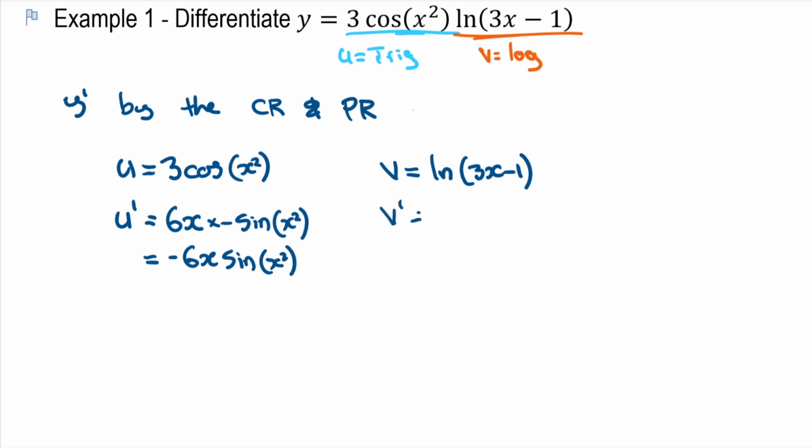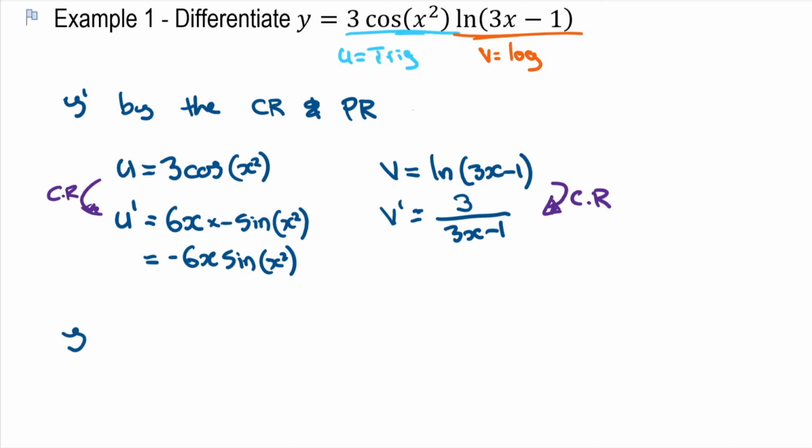My v prime here, I know that I've got a function within the log. So what I'm going to do is differentiate the inside function, which is 3, write it over 3x minus 1, which was the function on the inside. So I've derived my log function. Again, both of these were through the chain rule. From there to there, chain rule.